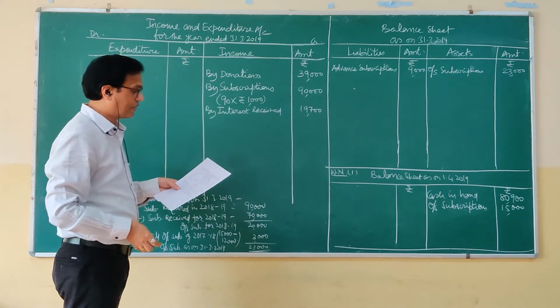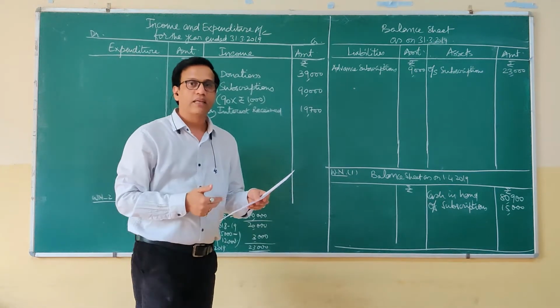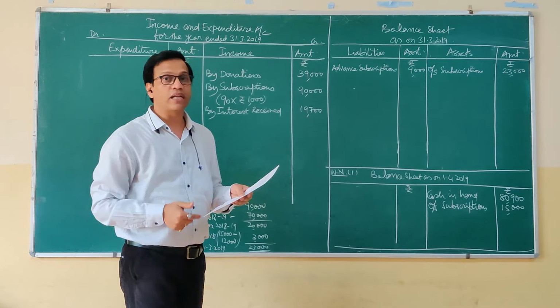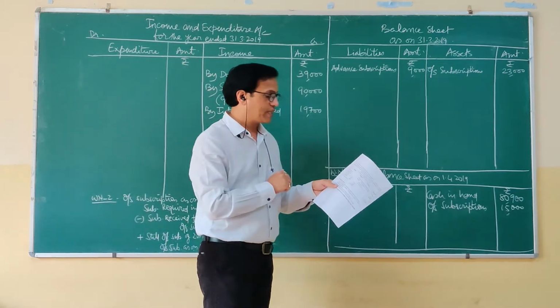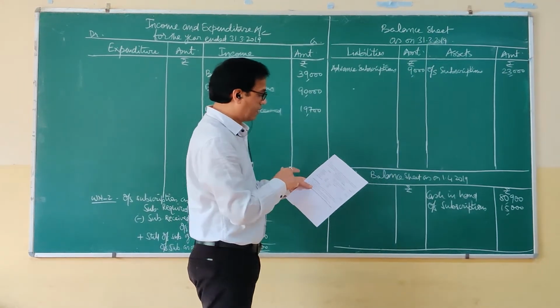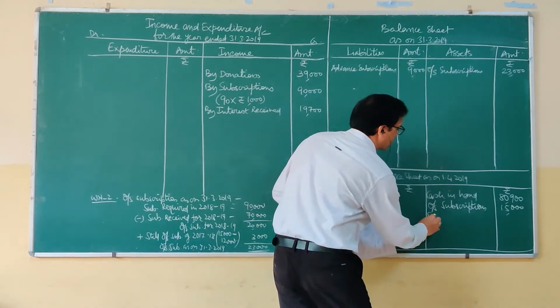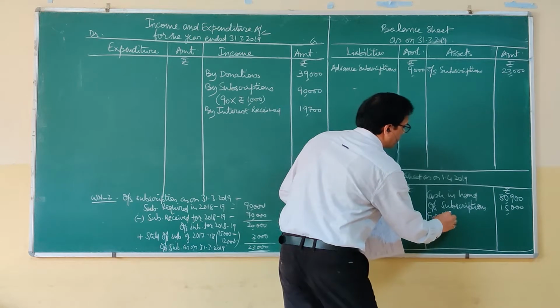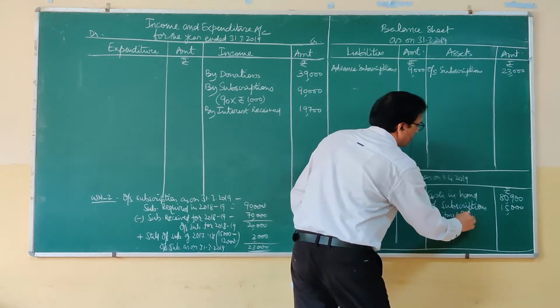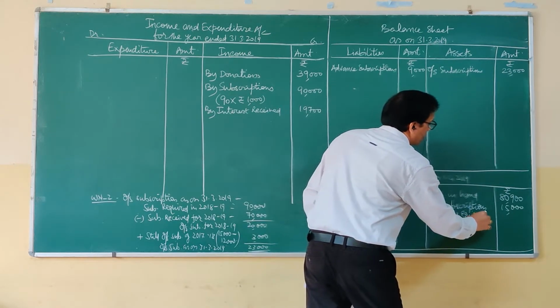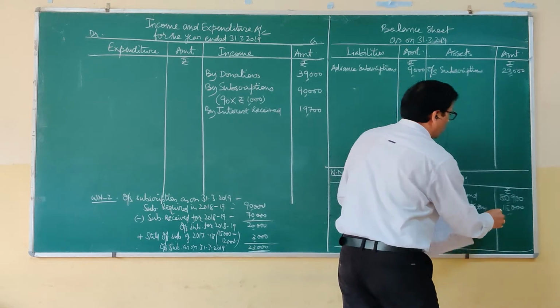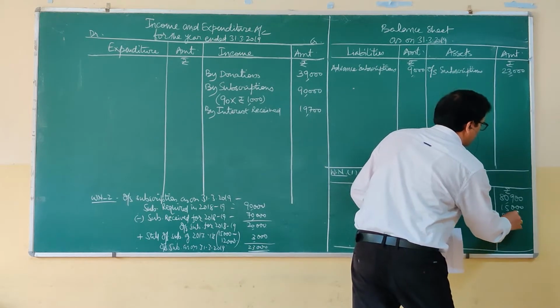It's written, furniture and equipment. Now we'll see what additional information there is for it. The first point says on 1st April 2018, furniture and equipment had a balance of 1,80,000. So it is from the previous year. We write here furniture and equipment. Last year we had a balance of 1,80,000.